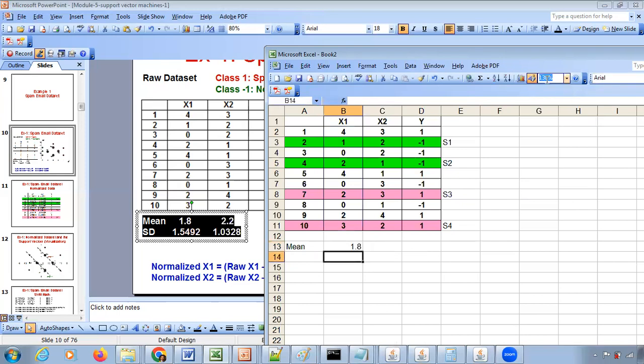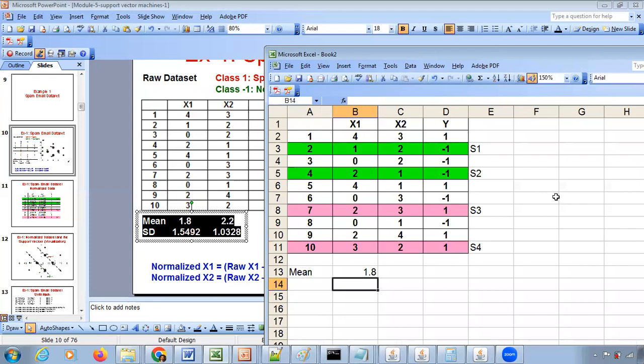Then you can copy this and paste here, so that will give the mean of C2 to C11 for all the 10 records for feature X2. Then you can find the standard deviation using STDEV, so STDEV of B2 to B11, the same set, and then copy and paste this for X2.